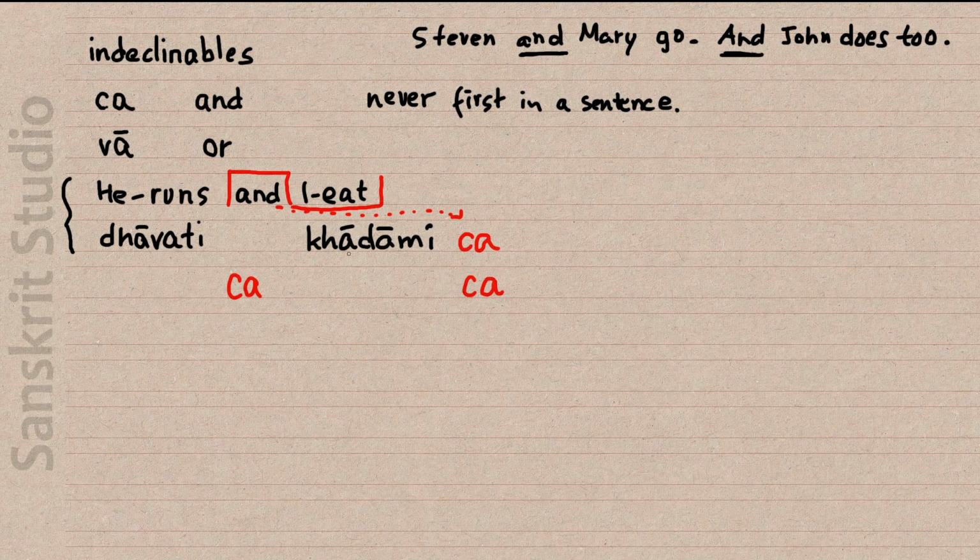So there are two methods, and of course if we have three verbs we would have three cha. But in English we would only have two. So maybe we can do this as an example here.